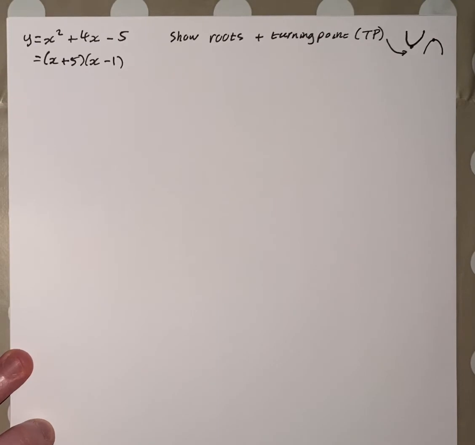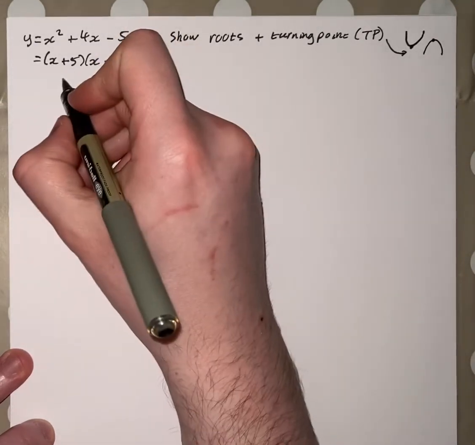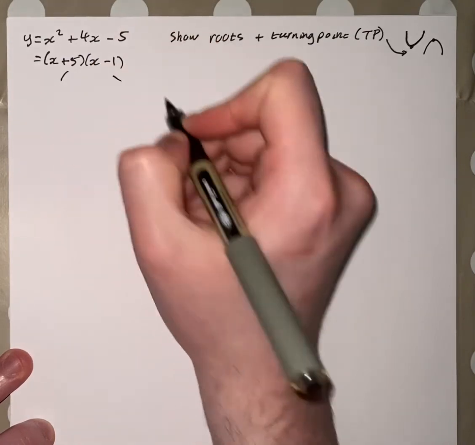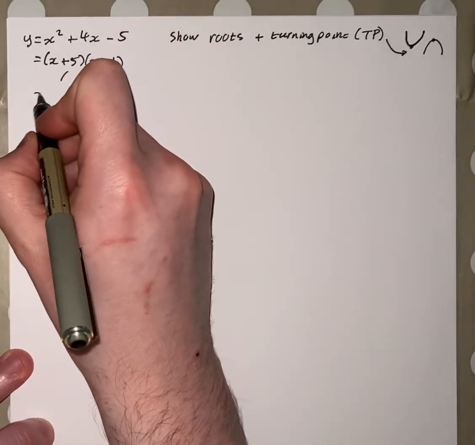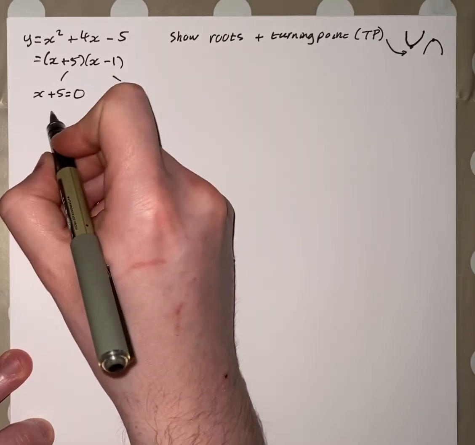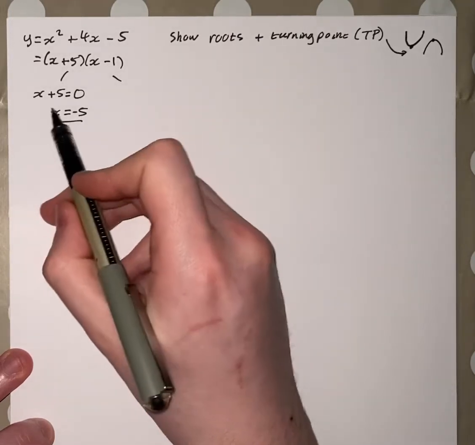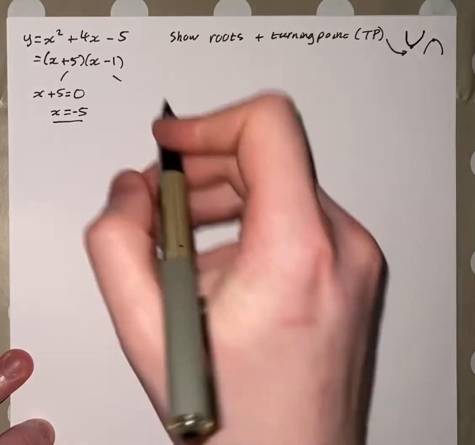The final step to find out what these roots are is we are going to take each of these brackets, split them apart, and say, for each of these to be equal to 0, x has to be -5 for that first one. x plus 5 equals 0, so x must be -5.